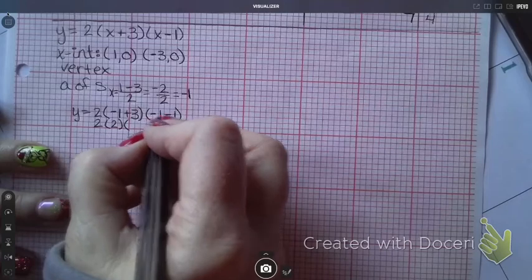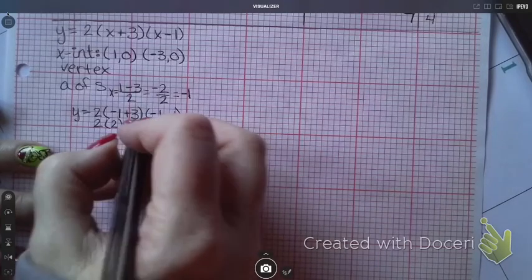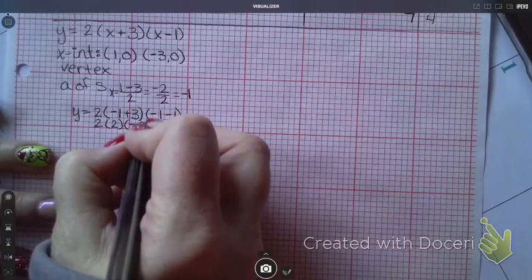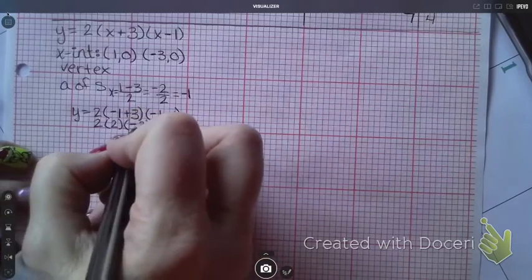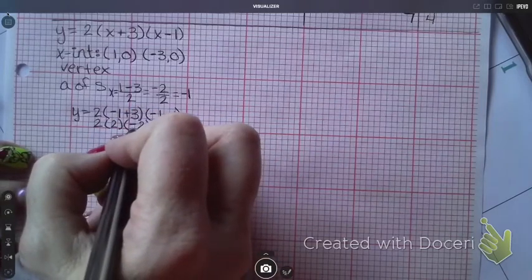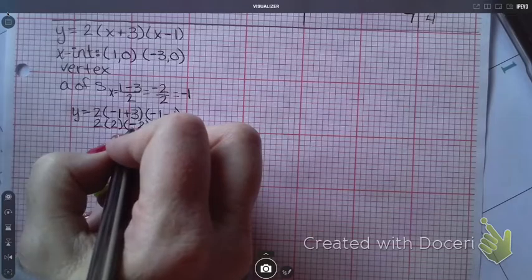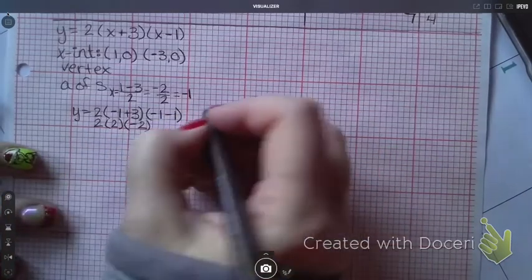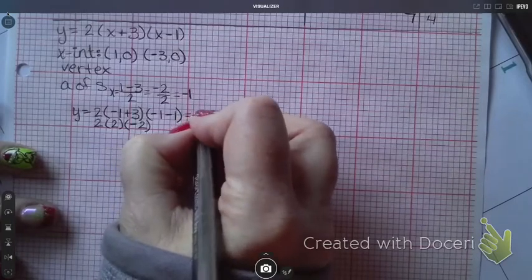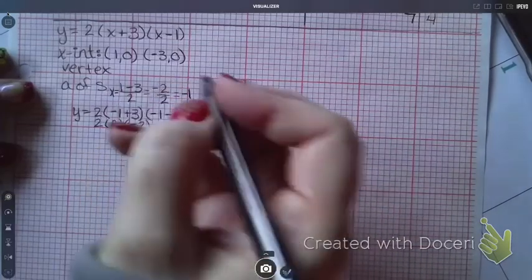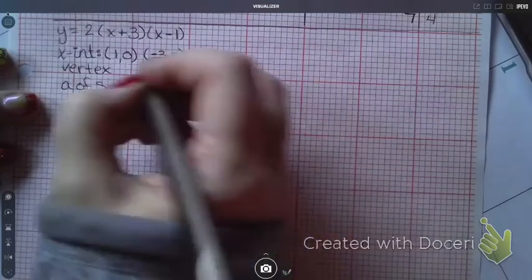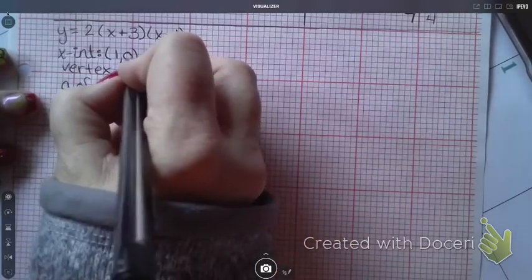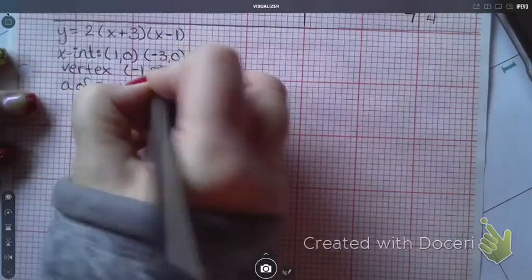What's negative 1 minus 1? Negative 2. So 2 times 2 is 4, times negative 2 is negative 8. So the vertex is negative 1 comma negative 8, right?